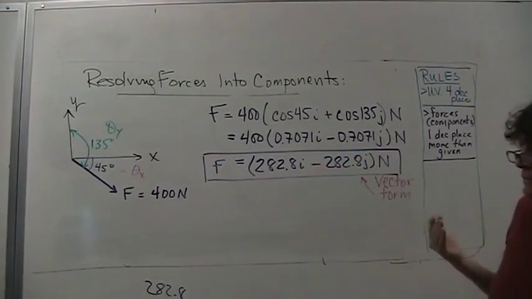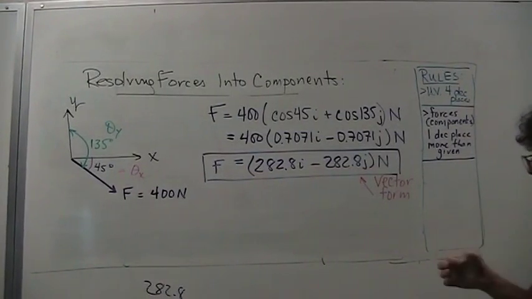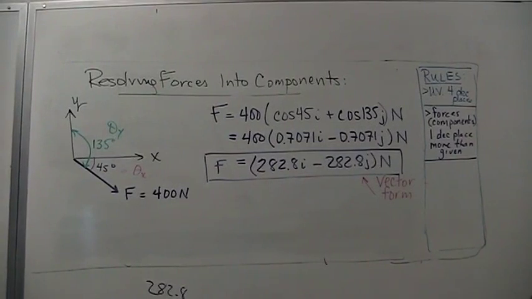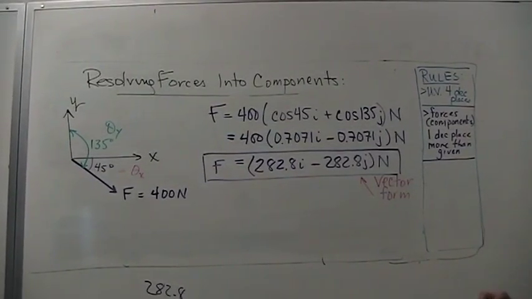And that's one of the reasons why cosine is so good. You don't have to remember to stick in that negative. If you use sine, you have to remember to stick in the negative. When you use cosine, you will always get the correct positive or negative sign.